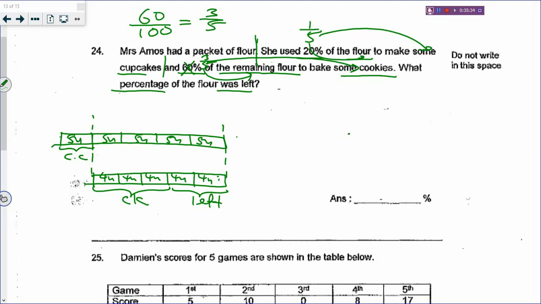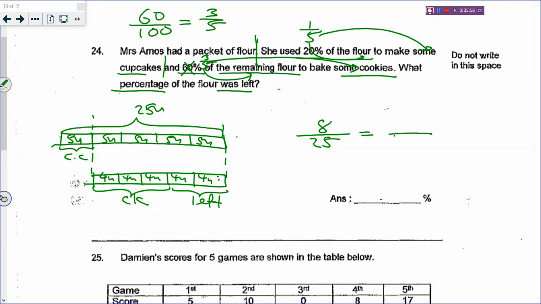So to get your percentage, like what I mentioned, you have to get your fraction first. So what fraction of all the flour? So all the flour is 25 units. So you put the denominator, what fraction of all the flour was left, which is now 8 units already. 8 units. And then how to change into percentage?